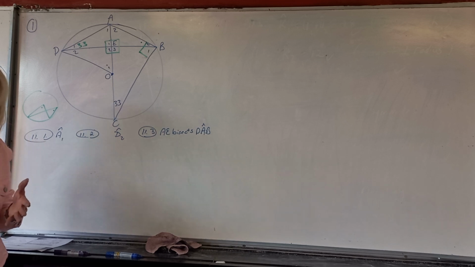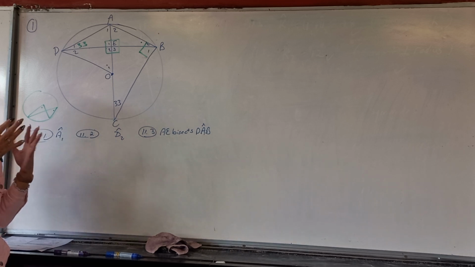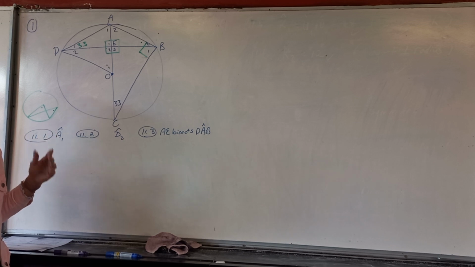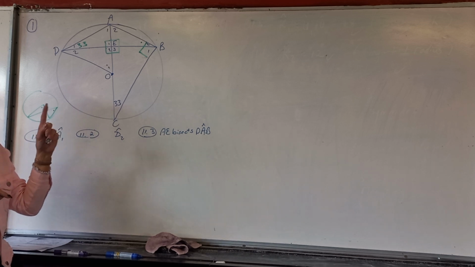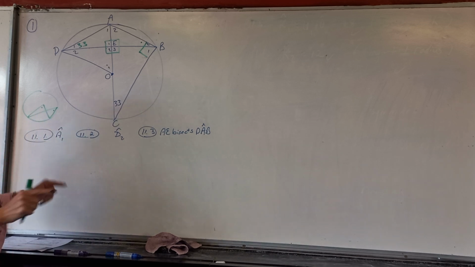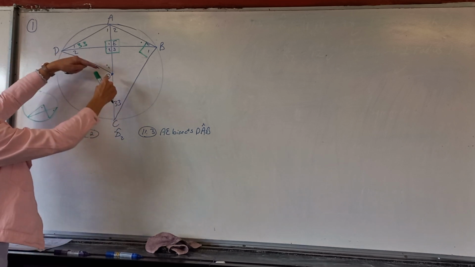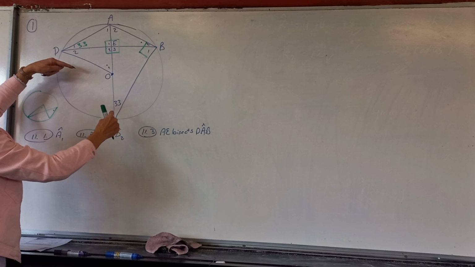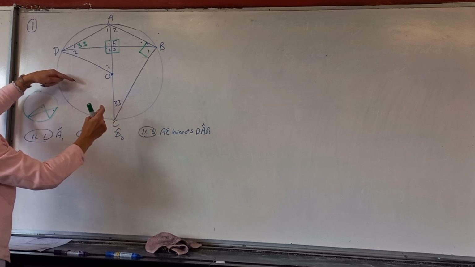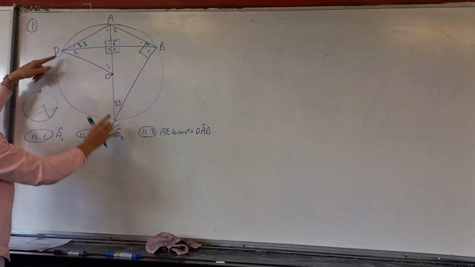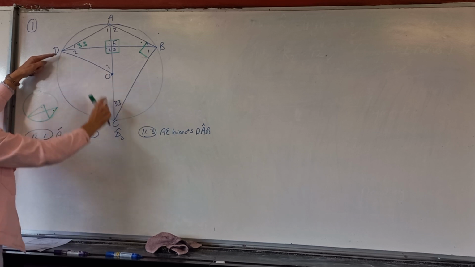So, beside that, what's always in a question like this with circles? Radii? Yeah, there is. Where? OD and OC. And how's that going to help me? Then D2 is equal to C. Then you're going to have a triangle here.